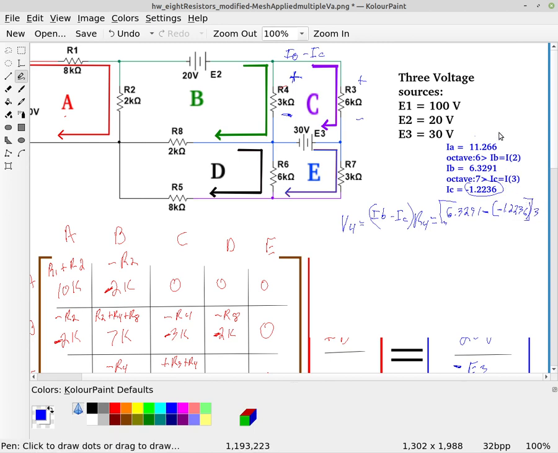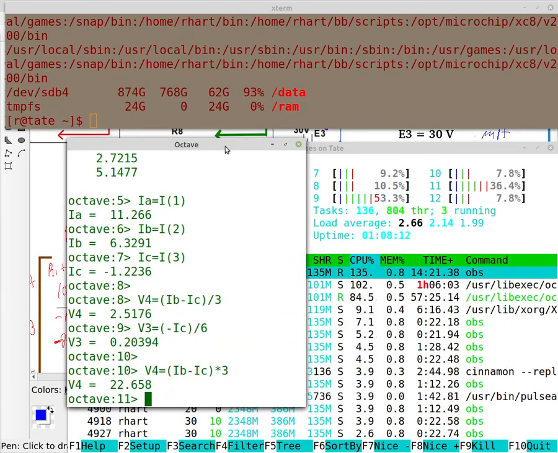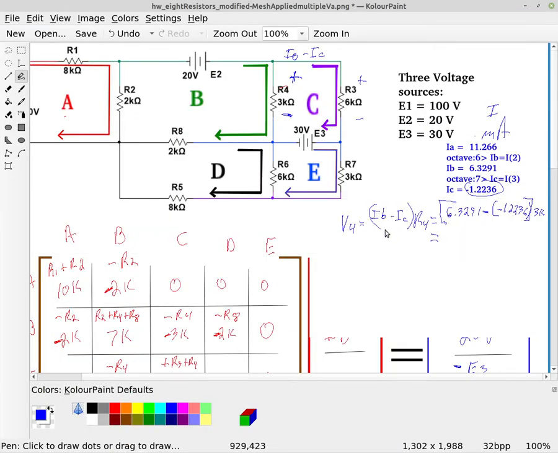Now remember, the currents are in milliamperes and the resistors are in kilo ohms, so kilo ohms times milliamperes just gives me straight volts. So this gives me a voltage of 22.658 volts.